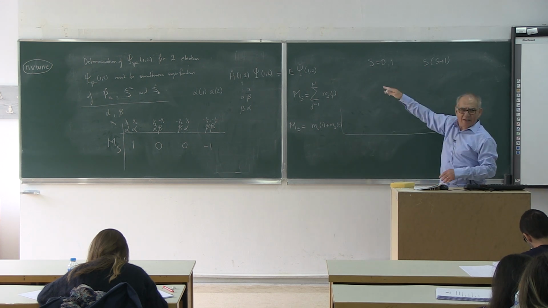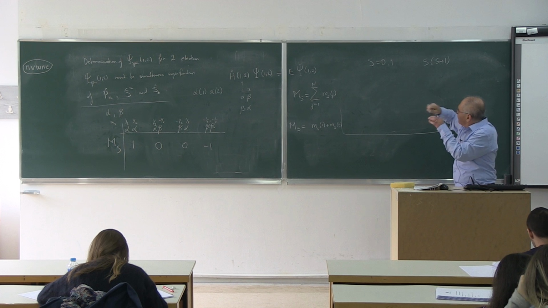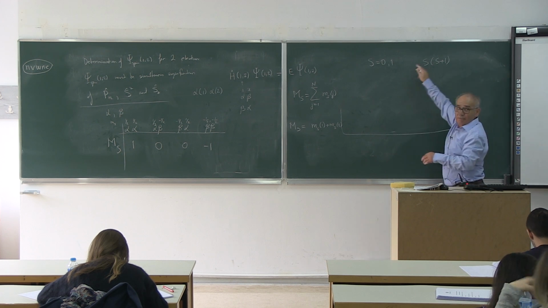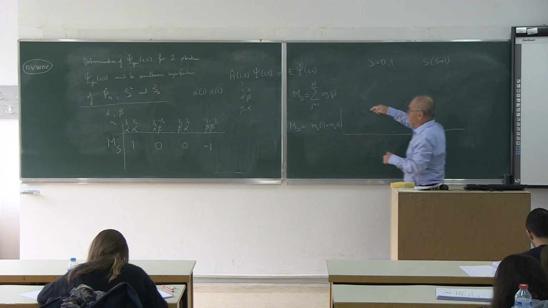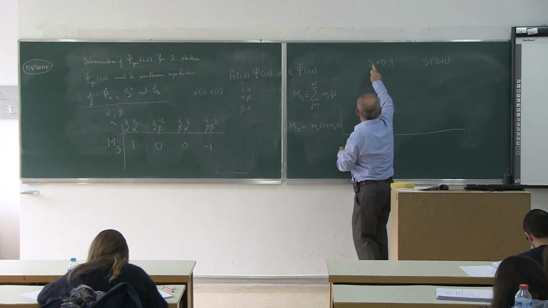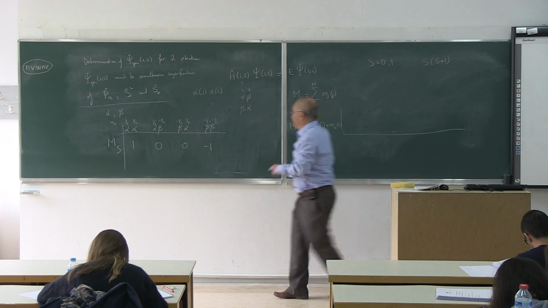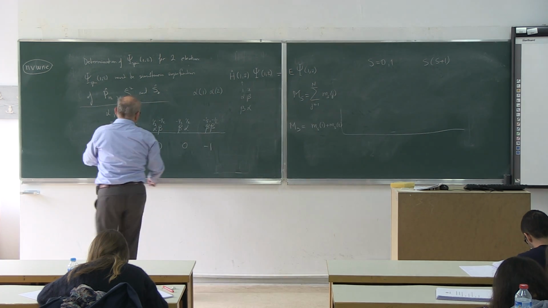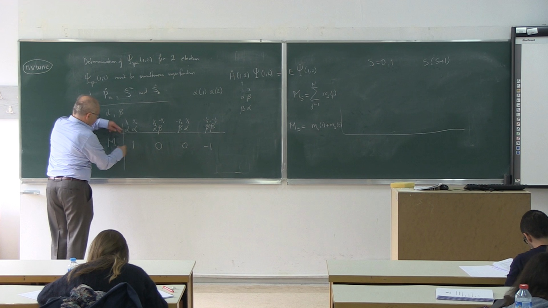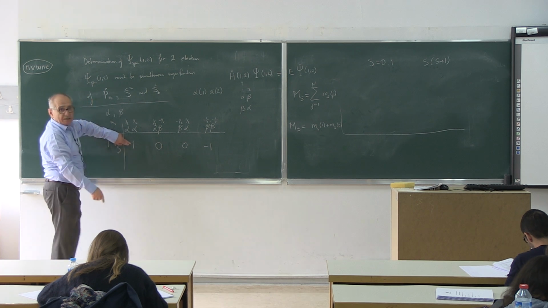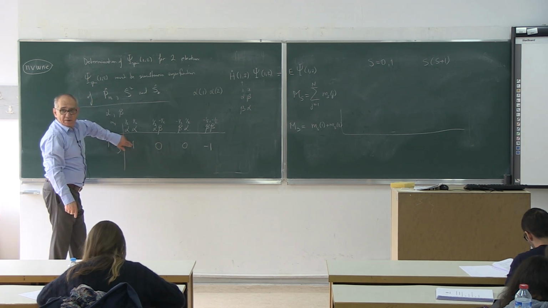However, we just indicate the S value. We must have either S equals 0 or S equals 1 in this expression. Look at the highest MS value in the products. What is it? 1.